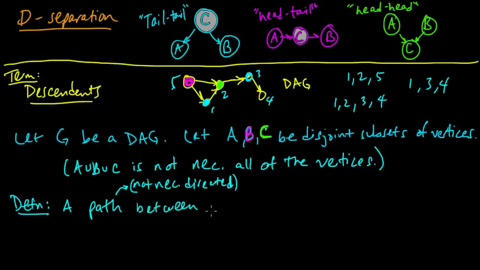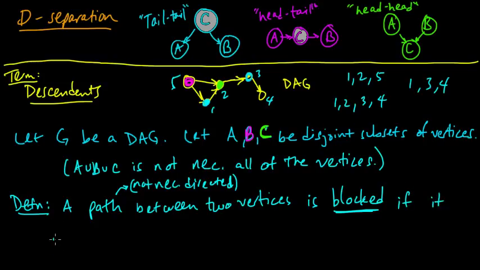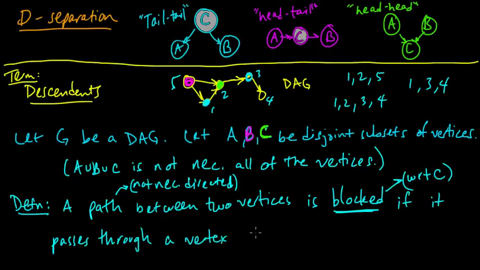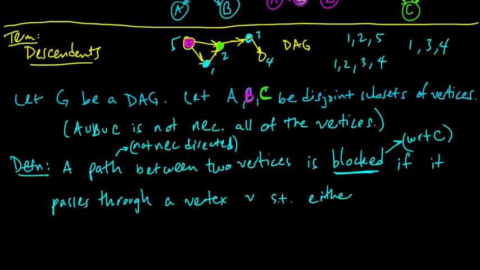Okay, so with that clear, we say that a path between two vertices in this graph G is blocked with respect to C. So we fix our graph G, and we have these three subsets, A, B, and C. A path between two vertices is blocked with respect to C if it passes through a vertex, let's call it V, such that one of two properties holds.